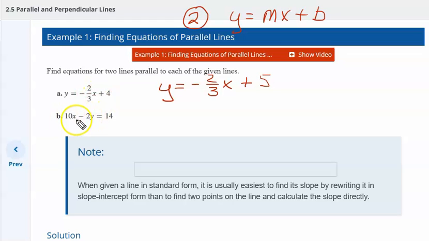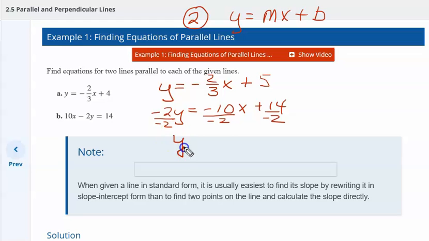Now for letter B, we see this is in standard form. So ideally, you're going to put it in slope-intercept form. And let's just do that together. -2y equals -10x plus 14. And again, you want to have a positive y, so divide everything by -2.